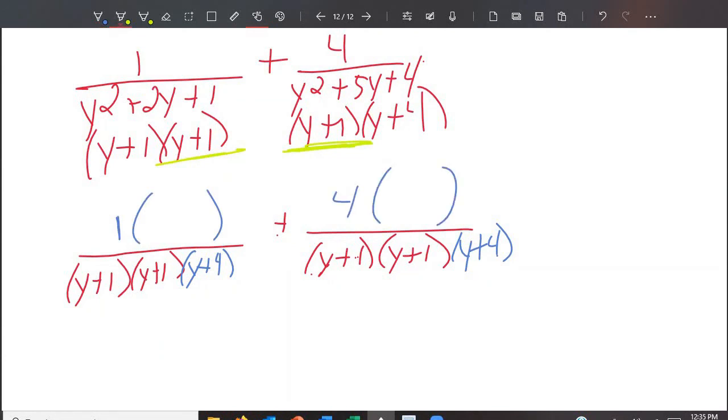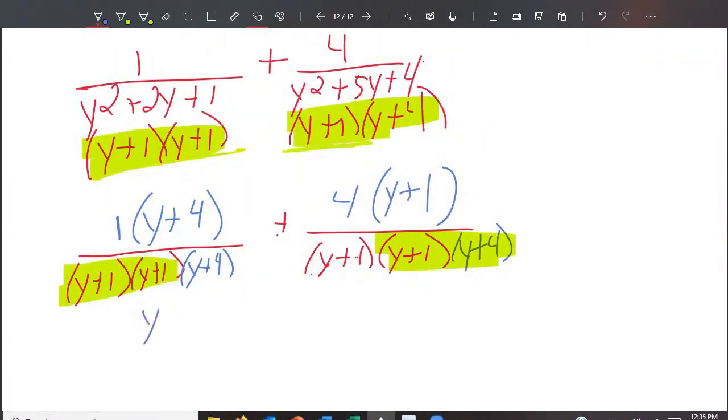Alright, highlight. These are the originals. What I don't have highlighted goes in the top. These two pieces are the original. What I don't have highlighted goes in the top.